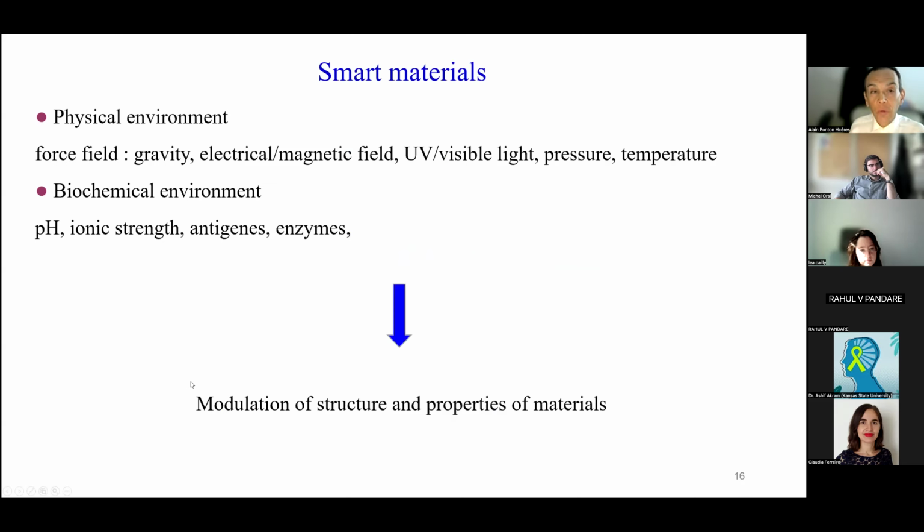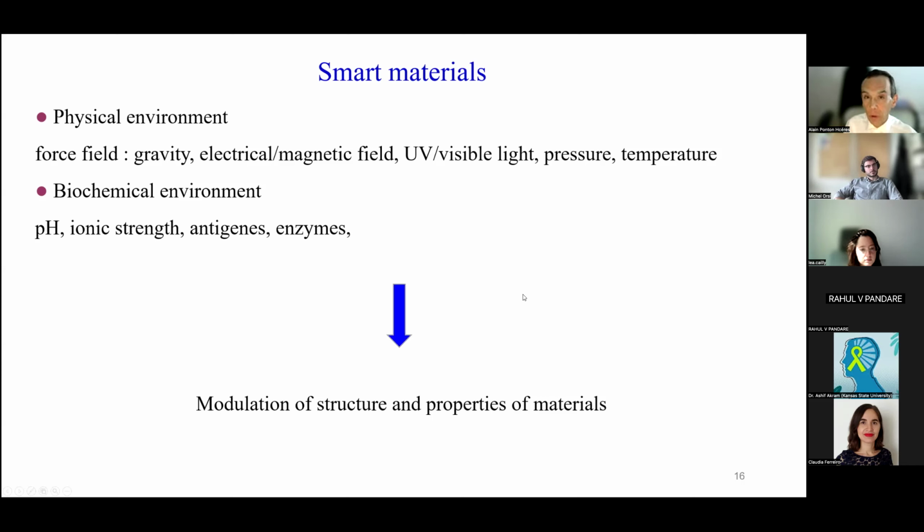First, the external condition could be physical in origin, typically gravity, if you have sedimentation, electrical or magnetic field, UV or visible light, pressure or temperature, or it can be biochemical in origin, such as pH, ionic strength, antigen, or enzyme for biological molecules. So you can modulate the property of this material by changing these parameters.